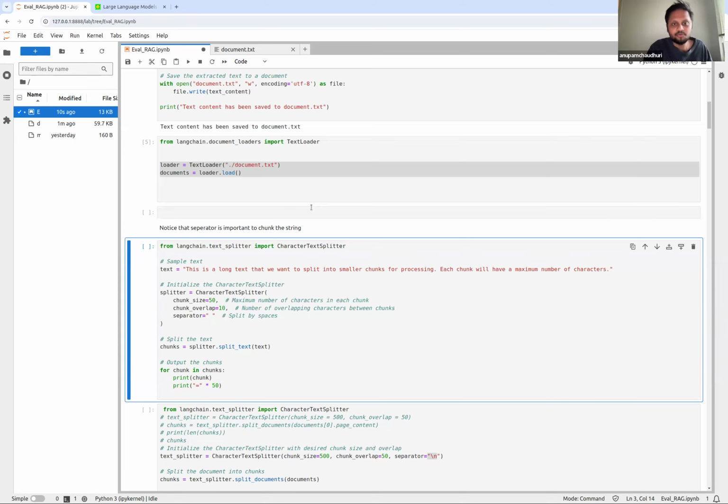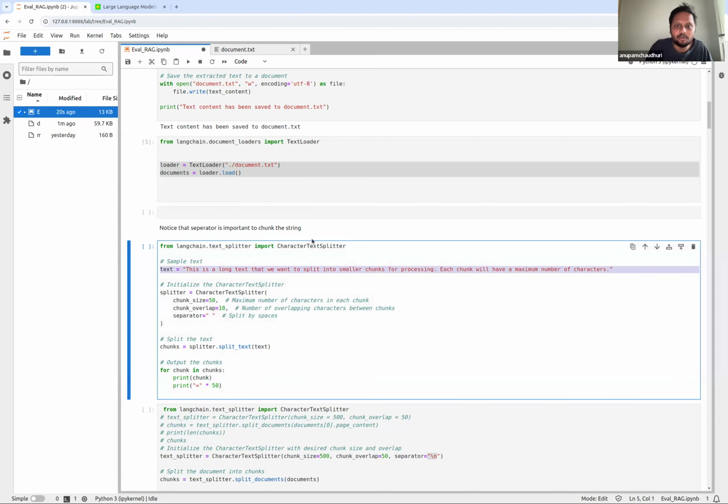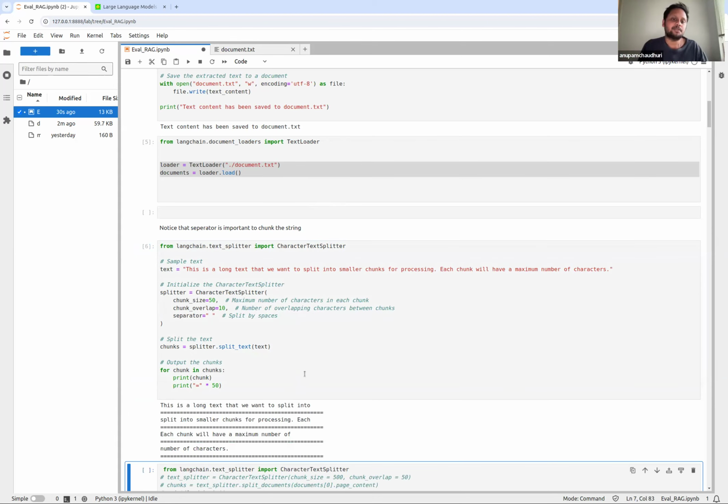What I want to introduce is the thing called chunking. Essentially, you have a text like this: this is a long text that we want to split into smaller chunks for processing. Each chunk will have a maximum number of characters. We want to take this whole text and make it small bits so that it will be easier for a large language model to process.